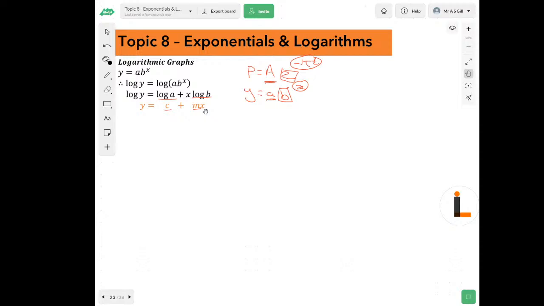So let's have a look at how that will work. I'll give you a second just to get that copied out, and then we'll have a look at how that will work in practice.